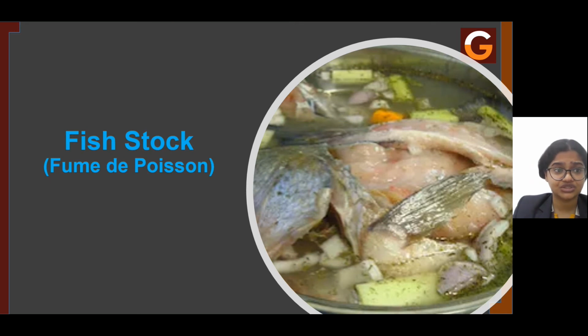When you're making a fish stock, since fish gets cooked very fast compared to any meat, the minimum time required is somewhere between 15 to 20 minutes, which is more than enough. So here you take the bones of the fish and especially the head of the fish, and then you add them to cold water, add the vegetables, that is mirepoix, and add the bouquet garni, that is a pot of spices and herbs.